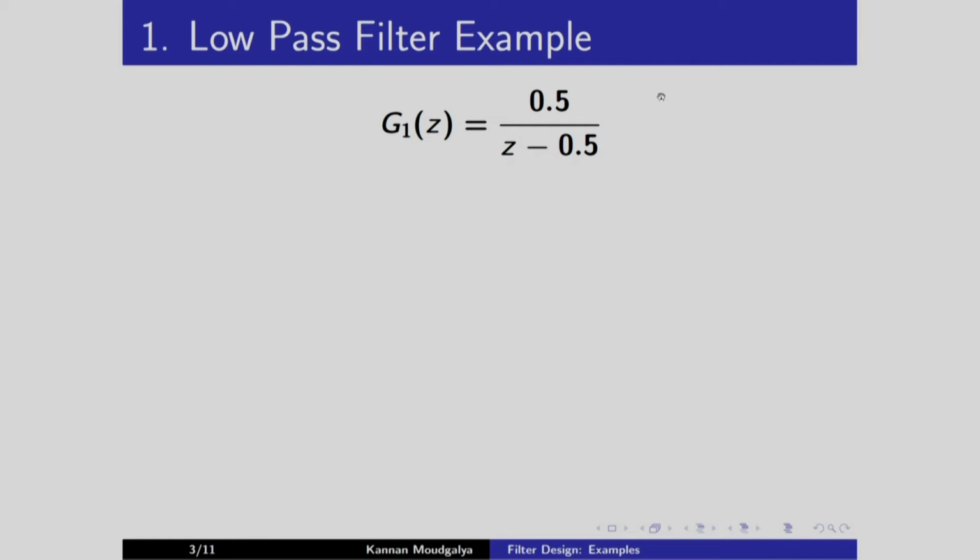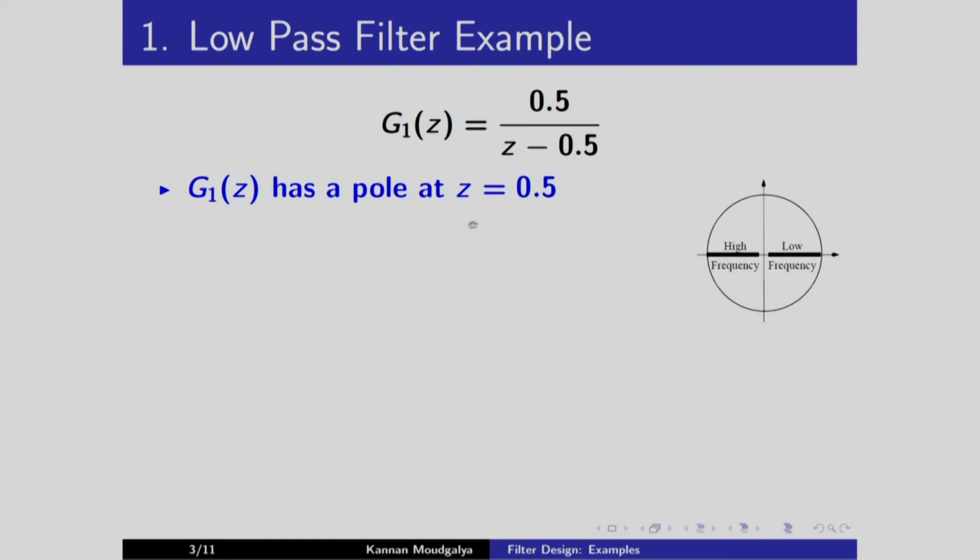Let us consider this simple example, a filter whose transfer function is g1 of z equals 0.5 divided by z minus 0.5. g1 has a pole at z equals 0.5. Recall the characterization we made earlier. We called this the low frequency, we called this the high frequency.